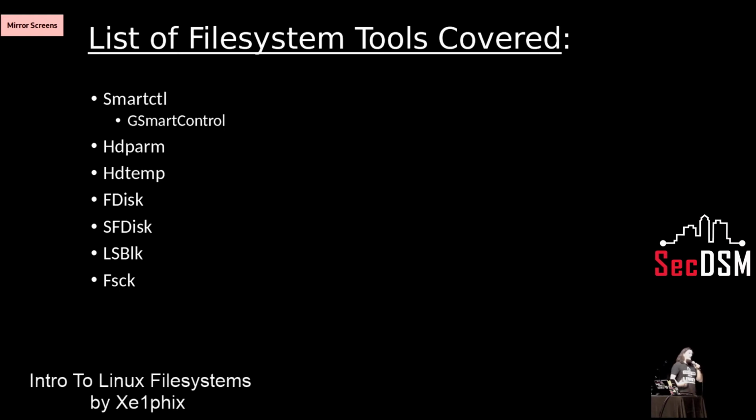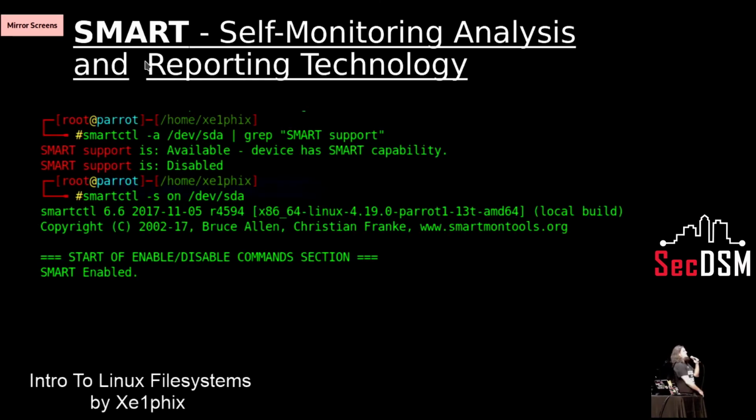Hdparm shows a lot of hidden attributes about disks. Hddtemp shows the temperature. Fdisk, sfdisk, and lsblk are just going to list them, show the attributes, kind of general information, and then fsck is going to fix disks.